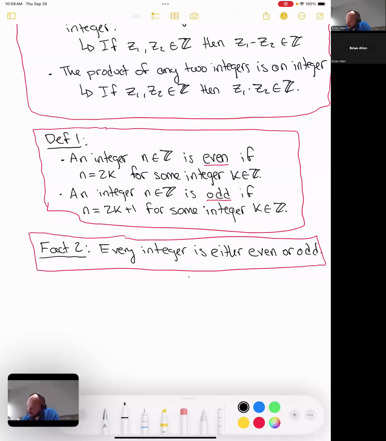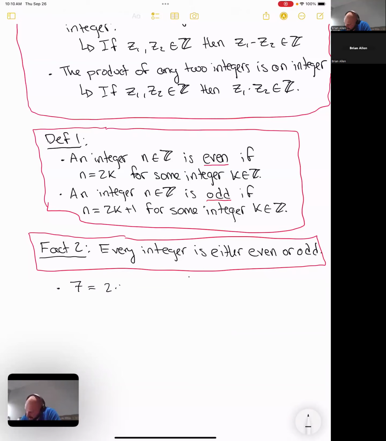And just to play a little bit here to make sure this all makes sense, right? We know 7 is an odd integer. Most likely you're comfortable with that. But just to write it in the way in the definition, I would write it as 2 times 3 plus 1, which means here that 3 is playing the role of k in the definition, right? And similarly, if I just play around with a few other numbers, 16 is 2 times 8.